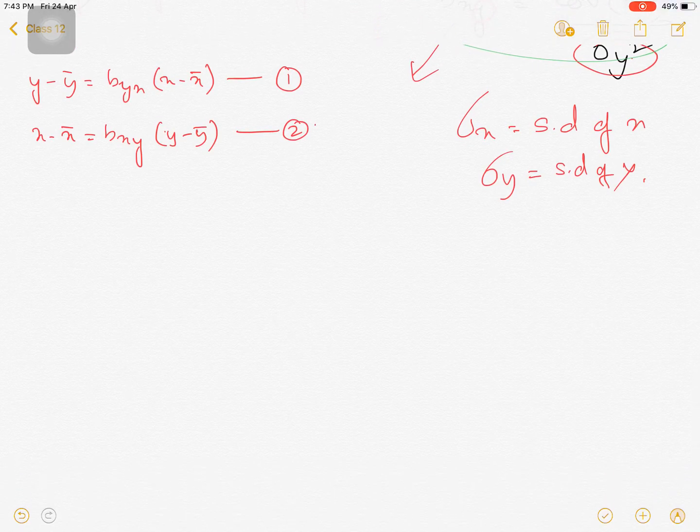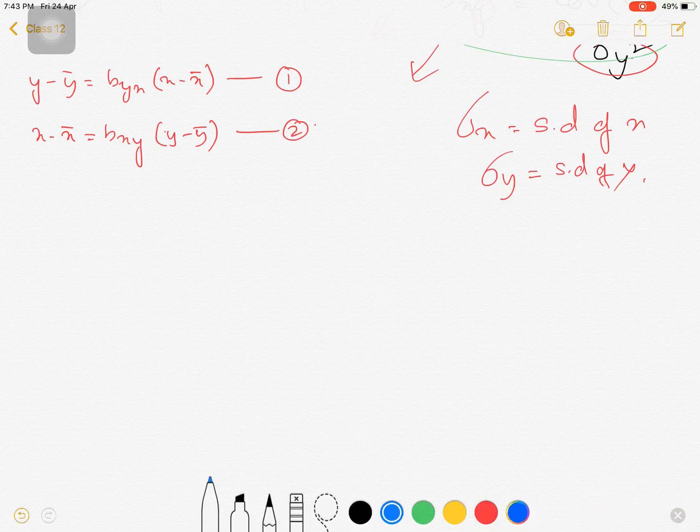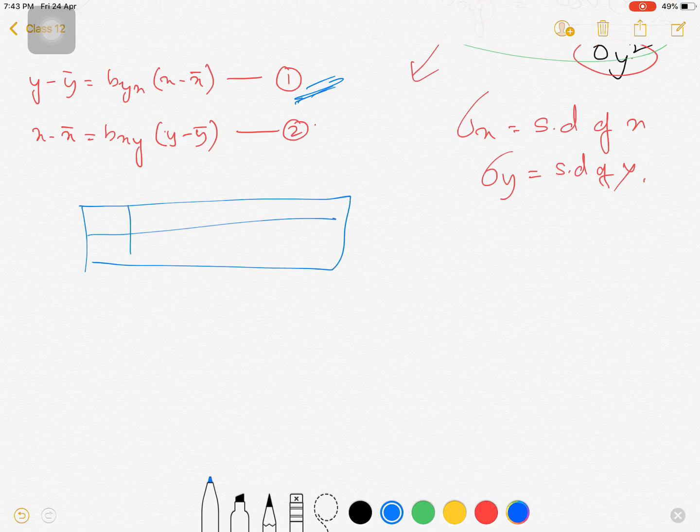Equation 1 is used to estimate the values of y when the values of x are given. For example, suppose this is the y column and this is the x column: 2, 4, 6, 8, and 1, 2, 3 and a question mark. So what is missing here? The value of x is missing.